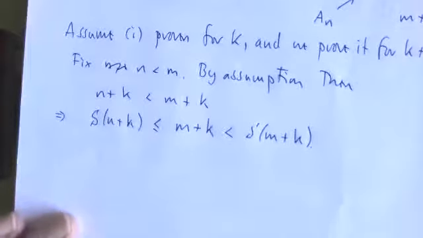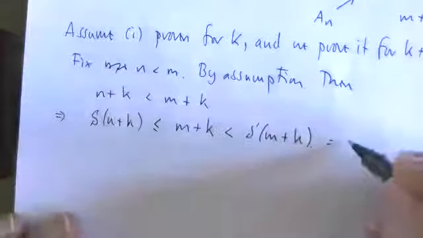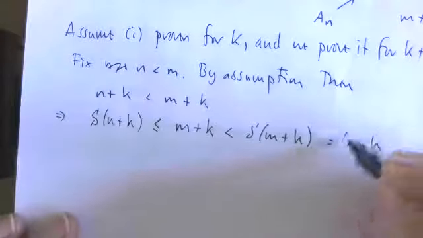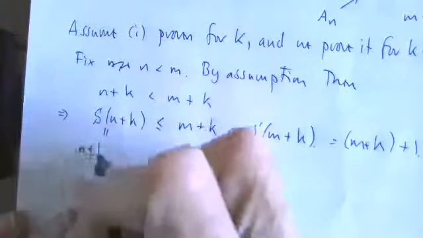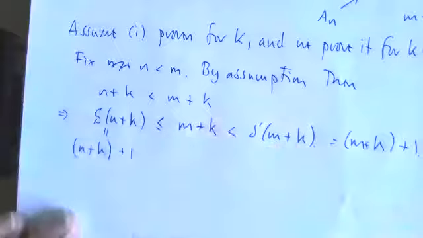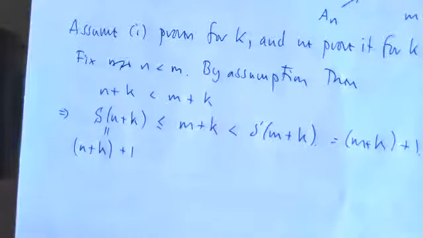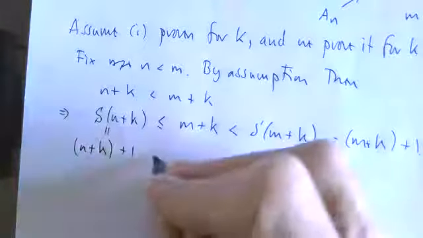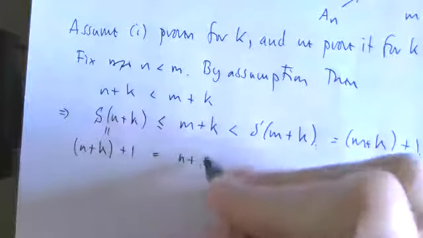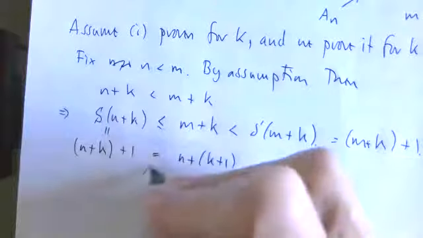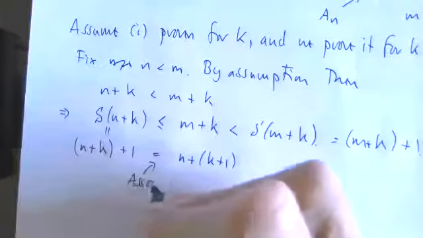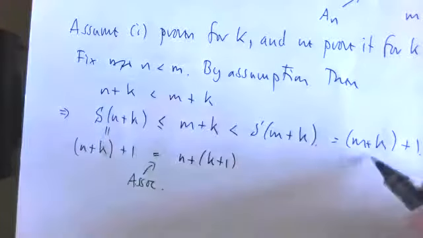And this is what we're calling m plus k plus 1, and this is what we're calling n plus k plus 1 here. And now I just use the associativity law here and here.